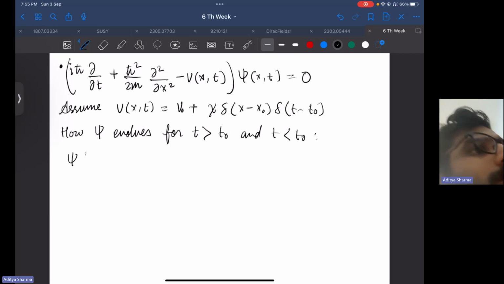First, we assume that psi of x and t for t less than t naught is a stationary state, and so it can be written as e to the power minus i E_n over h-bar times (t minus t naught), so it evolves as psi of t equal to some phi.